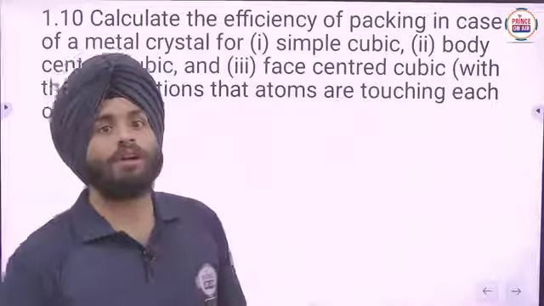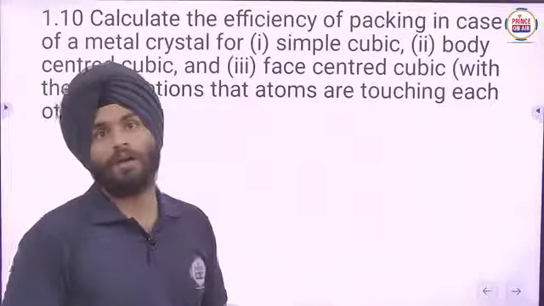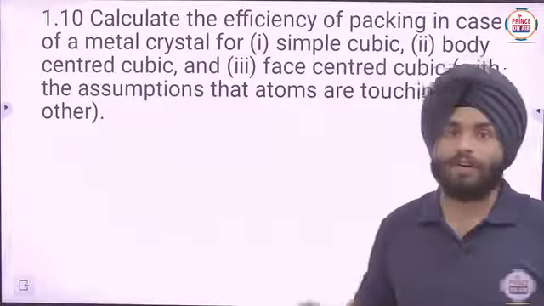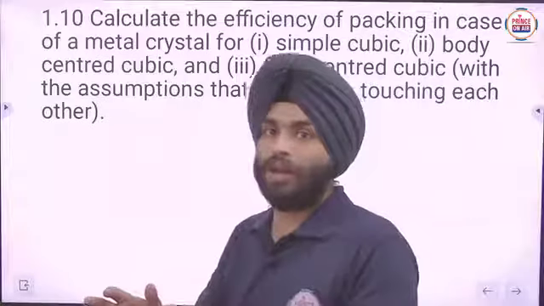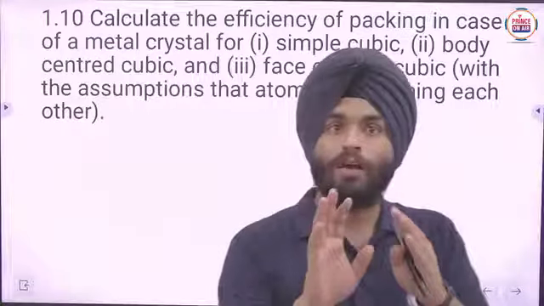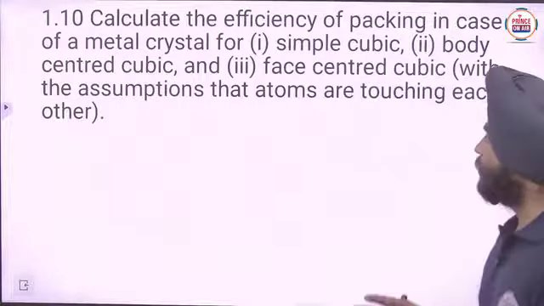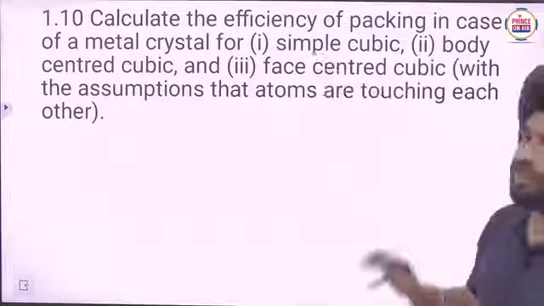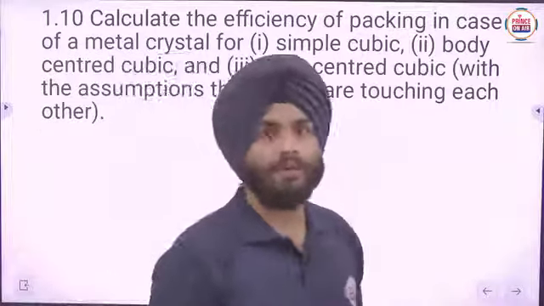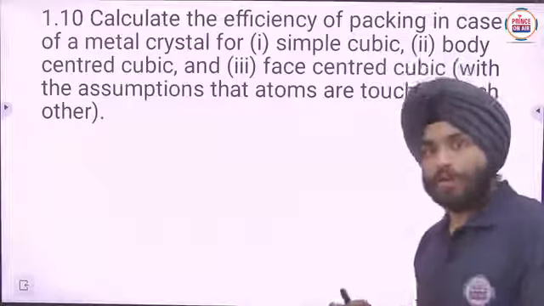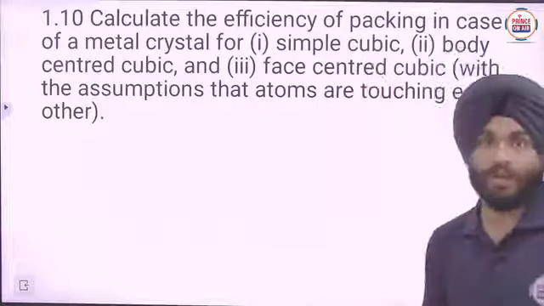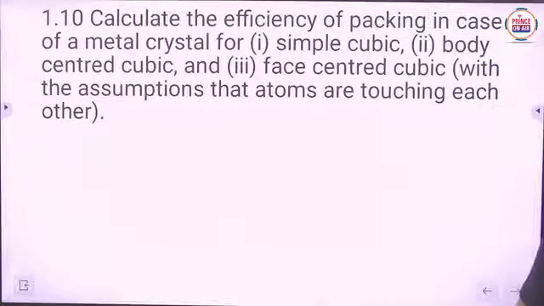If I explain all that here it will take so much time, so you can see those lectures and write all the derivations in this question. Can you tell me which has more efficiency? That is face centered. Second is body centered, and simple cubic has very little efficiency. Okay, clear?